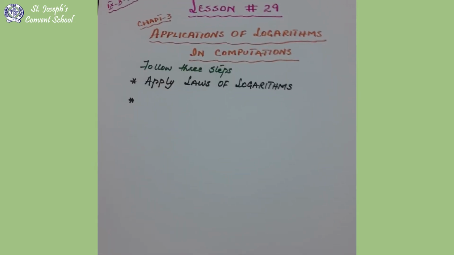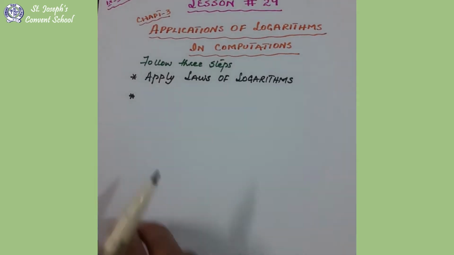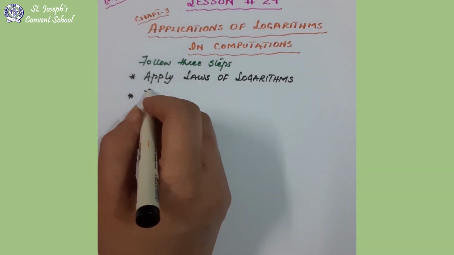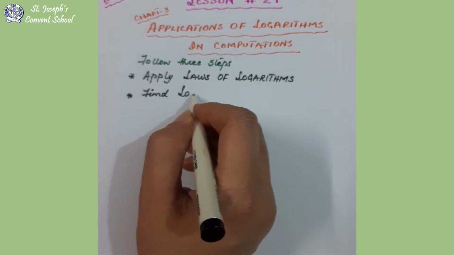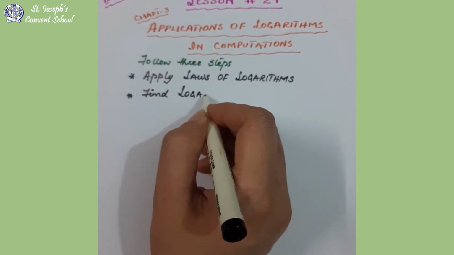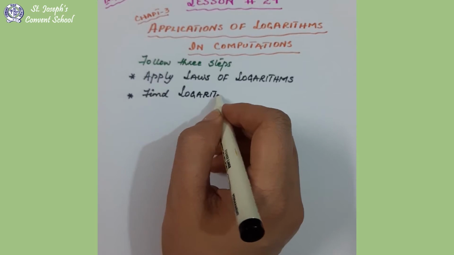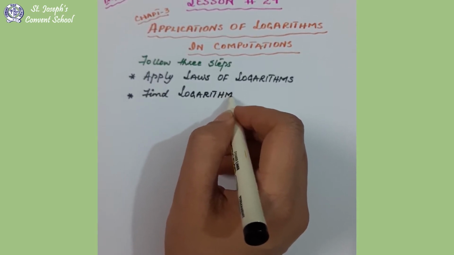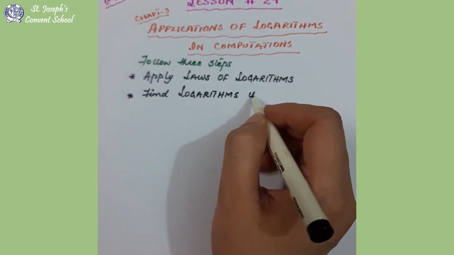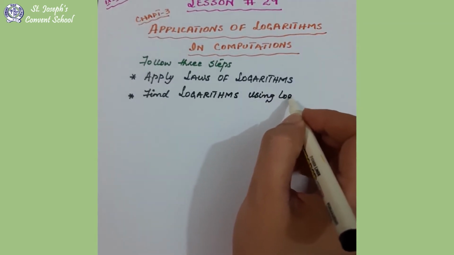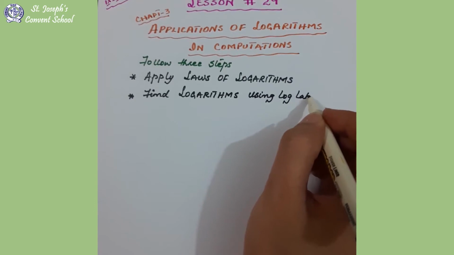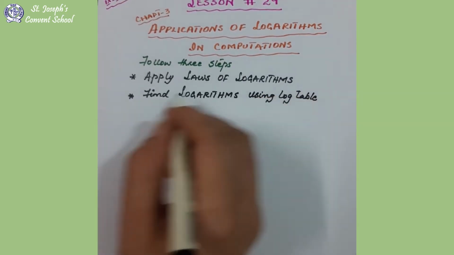After the first step, the second step is to find the logarithm. You have done this before, so you will find the logarithm using the log table. You will practice this beforehand so that you can easily do it.